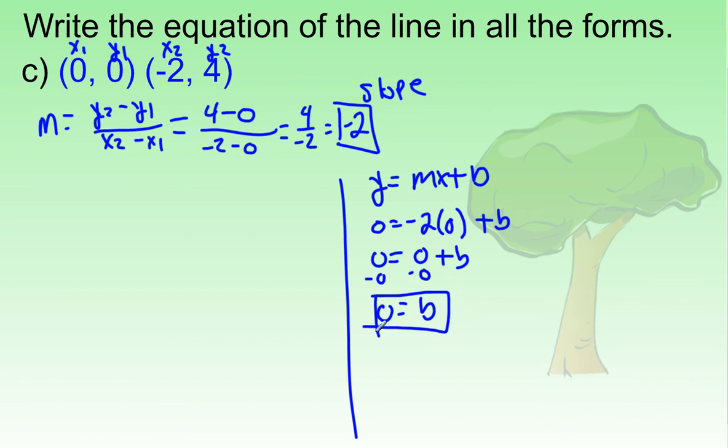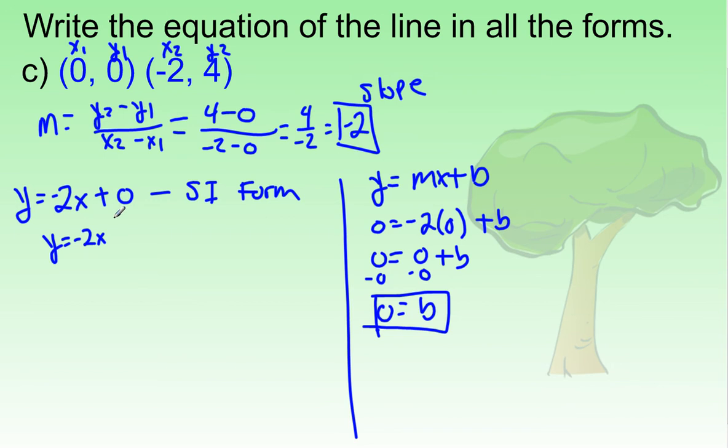B is 0. So our formula in slope-intercept form, y equals mx plus b, is that y equals negative 2x plus 0. Now, technically speaking, we would drop this plus 0. We would just write the formula as y equals negative 2x.